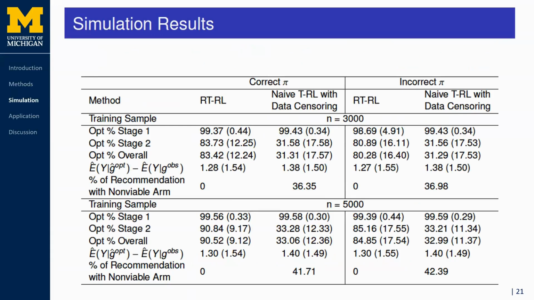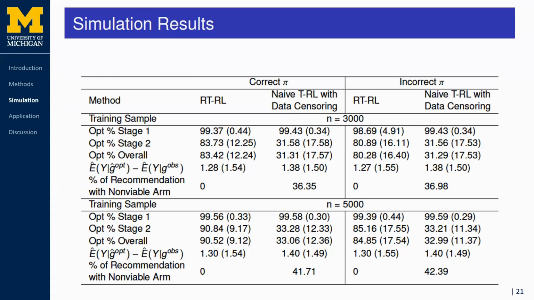And then we also, using simulation, noticed that this one is with the restriction, and this one is the naive approach with data censoring, without considering the restriction in your method or in your algorithm. For optimal percentage in stage 1, they are both doing well. However, in stage 2, when the restriction happened, that works really badly.